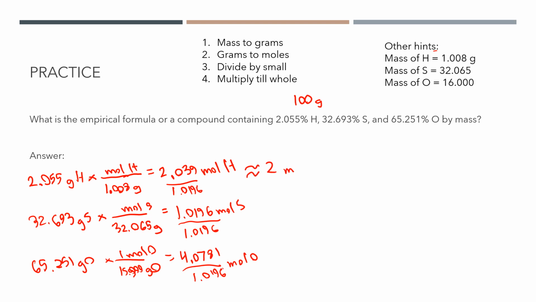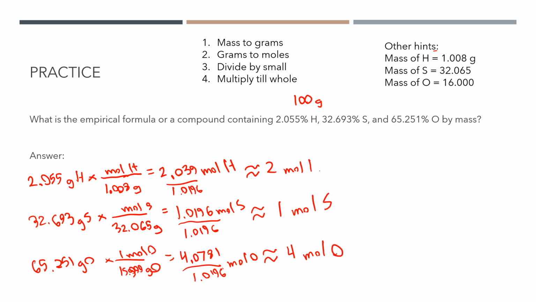So 2 moles of hydrogen. That gets us roughly 1 mole of sulfur. And that will get us roughly 4 moles of oxygen. Yeah, I can math. And let me write that a little nicer.